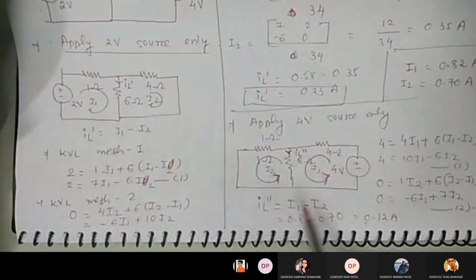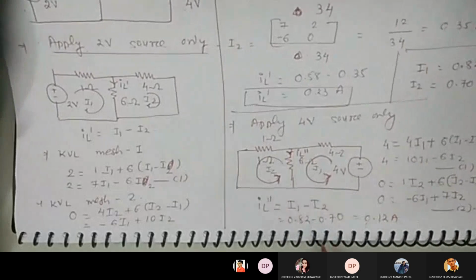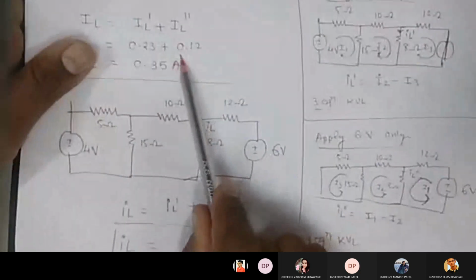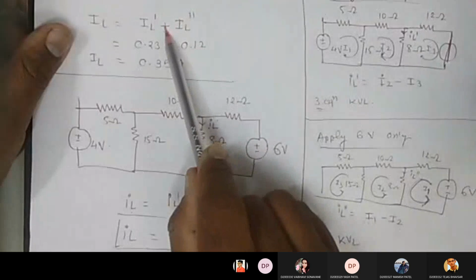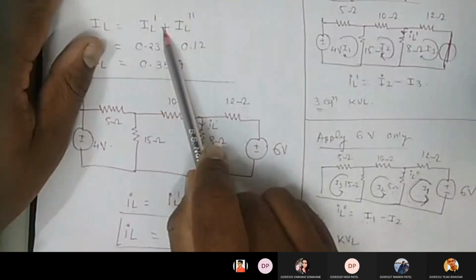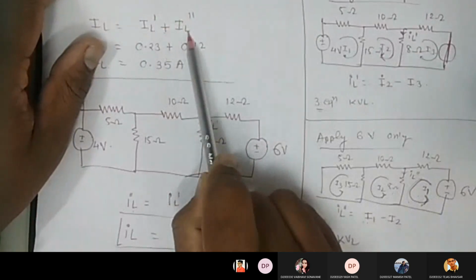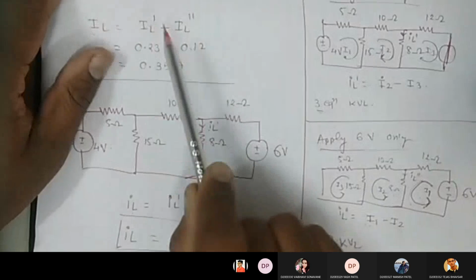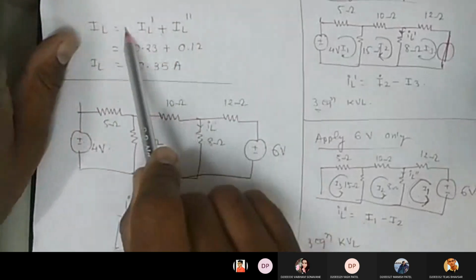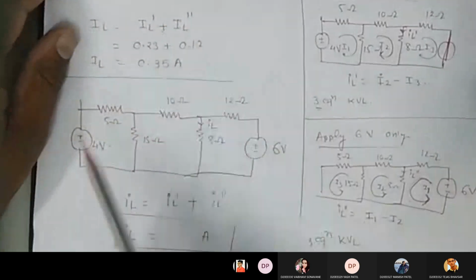Depending upon the number of energy sources, this dash will increase. According to the superposition theorem, IL is equal to IL dash plus IL double dash. Why have I taken plus? Because the sign of the dash and double dash quantities is the same as the original IL, so I have taken both positive.